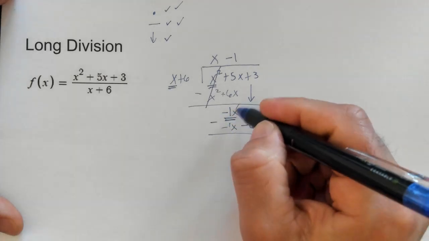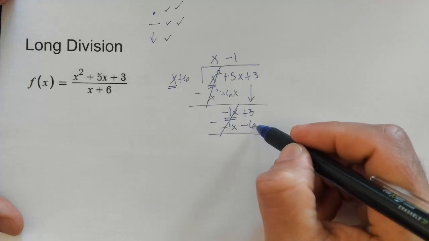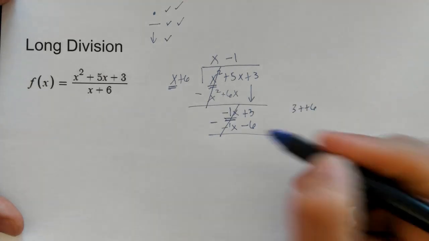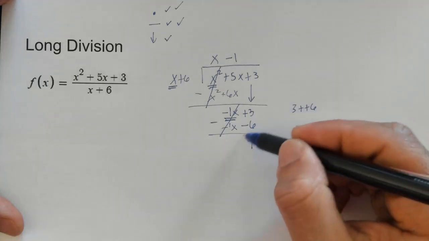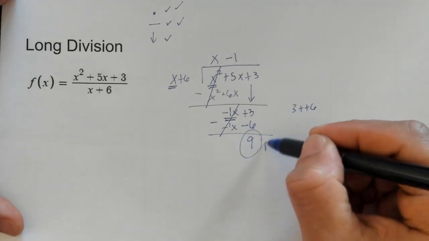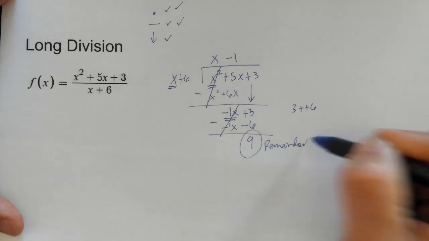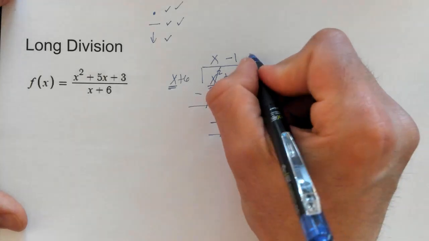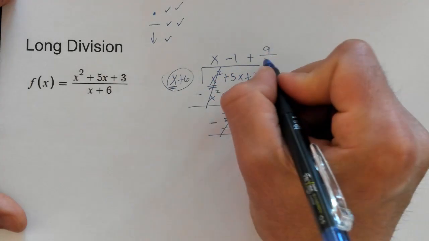Anything minus itself cancels to 0. 3 minus negative 6 turns into plus 6. And since there's nothing to bring down, this becomes my remainder. We're going to write this solution as x minus 1 plus 9 over the original problem, x plus 6.